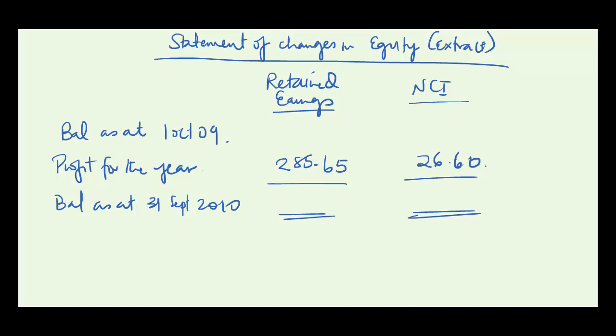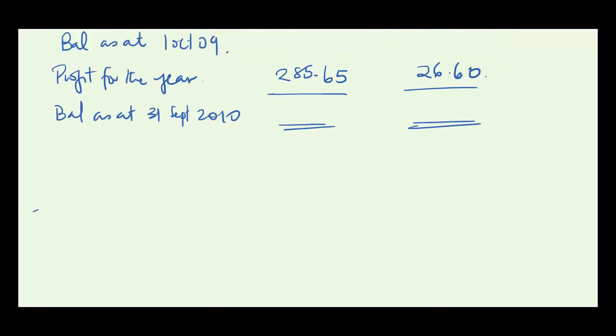So what was the opening balance? For us to know the opening balance, we have to do a working. So for our working, I'll just draw a timeline. Remember, at what point did we acquire the subsidiary? We acquired it a year ago. So let's look at the parent and the NCI.